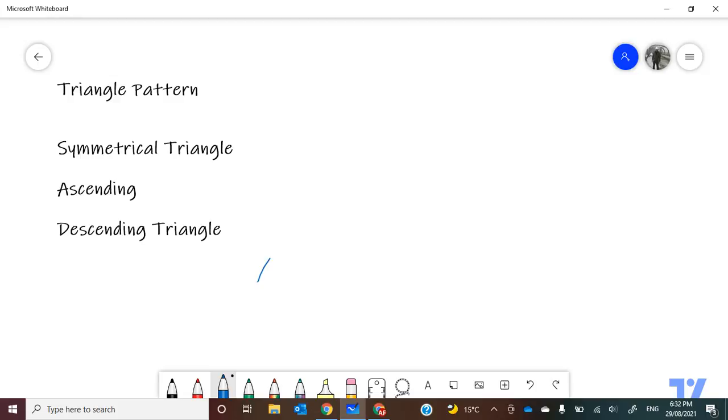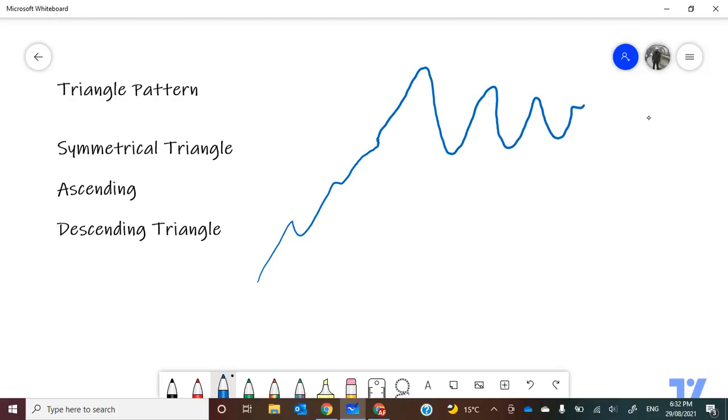Imagine price is moving up. Then you see here, it just does something like this. You can see it's roughly symmetrical, so it's on both sides of the horizontal line here.